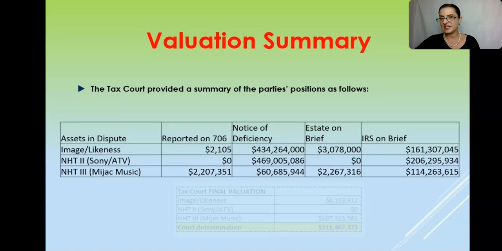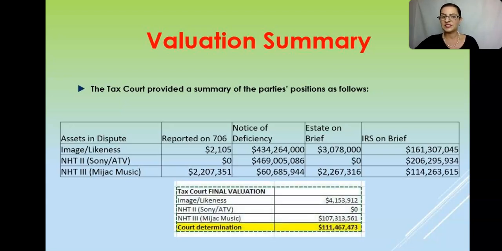The court agreed with the estate that Michael Jackson's interest in Sony was valueless. It was valued at zero because he had borrowed so much money against it. So the court's valuation of the estate was $111 million, which is less than 1/3 of what the IRS wanted.